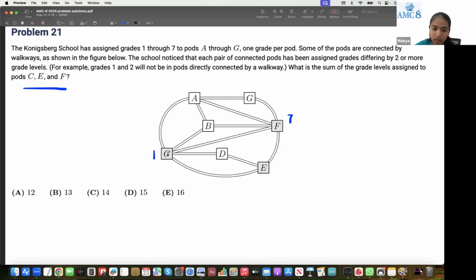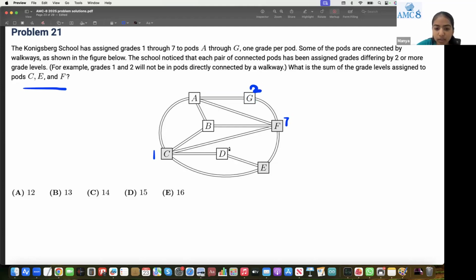So if C is 1, that means that G has to be equal to 2, because C connects to every other pod except for G. So G has to be 2. I'll just place this to the side. Now we see that F is 7.